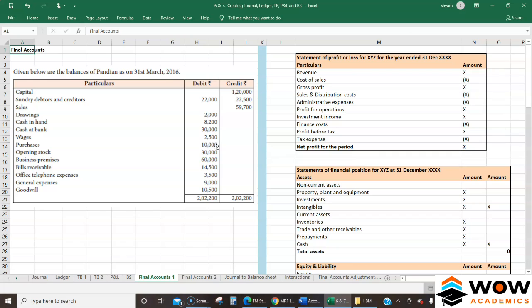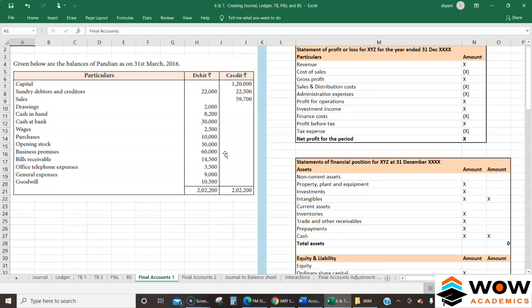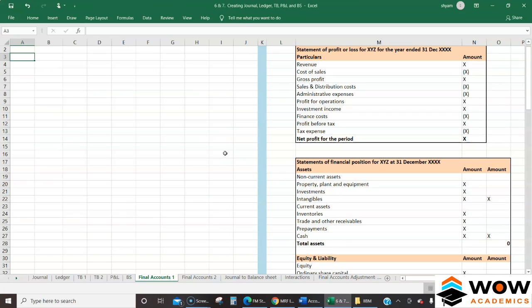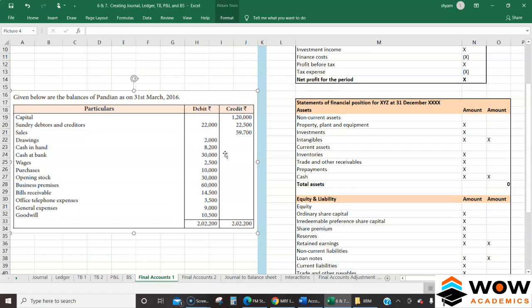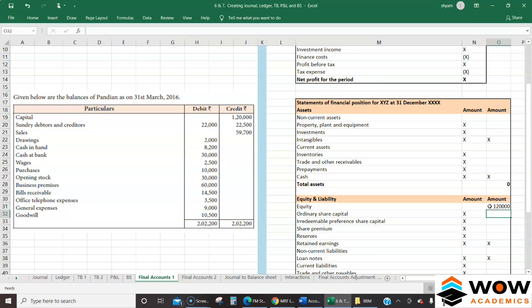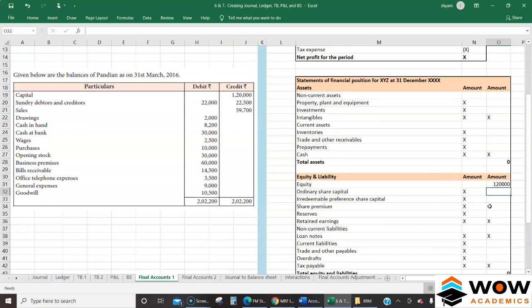So here we have again capital, equity capital of 1,20,000. Next is debtors and creditors.